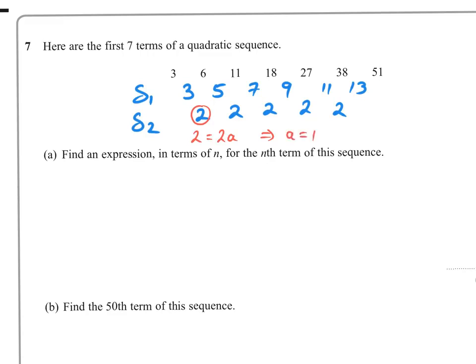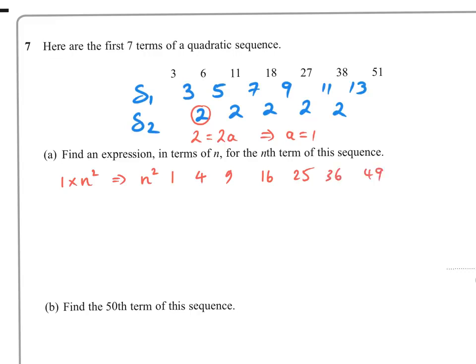So we definitely have something to do with one lot of n squared, or just plainly n squared. And if I do the square numbers, 1 squared is 1, 2 squared is 4, 3 squared is 9, 4 squared is 16, 25, 36 and 49.